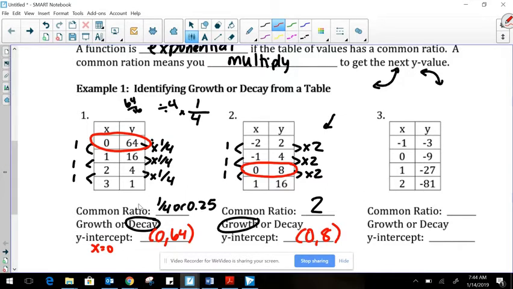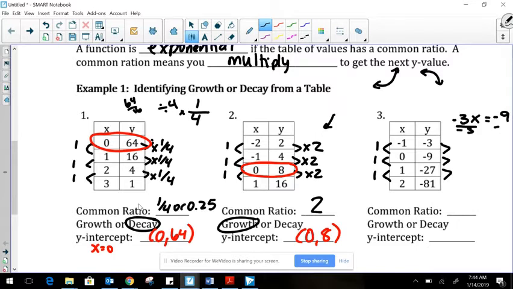Okay, number 3, there's some negatives, so this just takes a little bit of extra thought to make sure we're doing it correctly. So I'm increasing by 1 each time on this side. All right, now on the right side, I have -3 times something equals -9. So I actually just wrote a little equation here, didn't I?